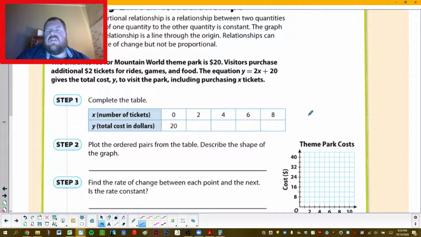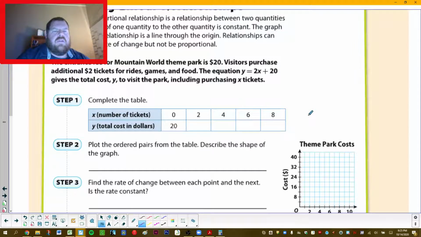It says the entrance fee for Mountain World theme park is $20. Visitors purchase additional $2 tickets for rides, games, and food. So the equation y equals 2x plus 20 talks about the total cost y after purchasing x tickets.